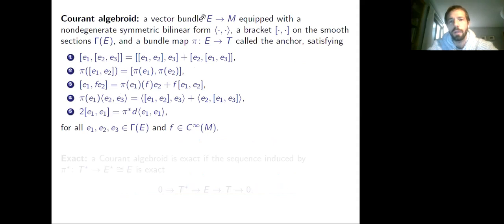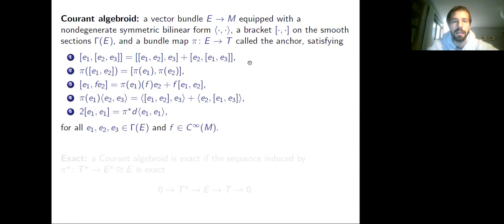It's a vector bundle E over a smooth manifold M, equipped with a non-degenerate symmetric bilinear form. In the case of our interest, the signature is going to be (n,n), where n is the dimension of the manifold, but more generally, it could be arbitrary signature. Then you also have a bracket on sections and a smooth bundle map from E to the tangent bundle called the anchor map, which is something that fixes your object against the manifold you are dealing with.